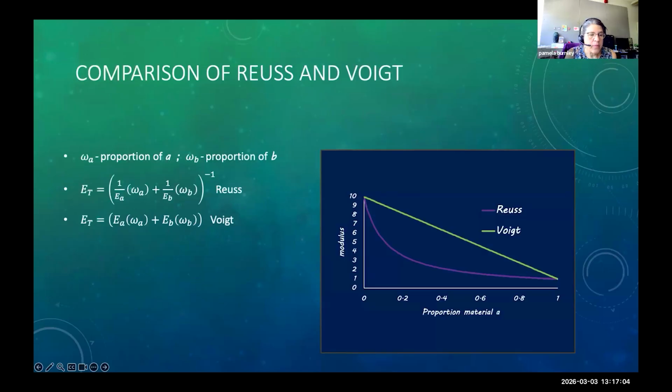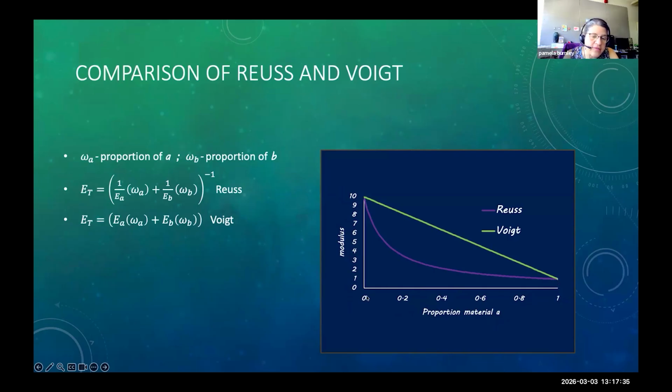Now, what people did is they started thinking about, okay, what does this mean? So here's an example of how material with different amounts of phase A and phase B would behave. On this axis, I have the modulus of the two phases, and on this axis down here, I have the proportion of material A. So down here is 100% material A, and you can see it's got a modulus of 1.